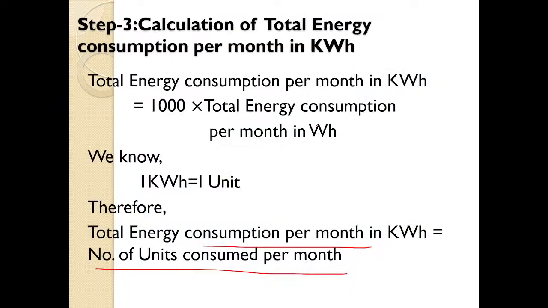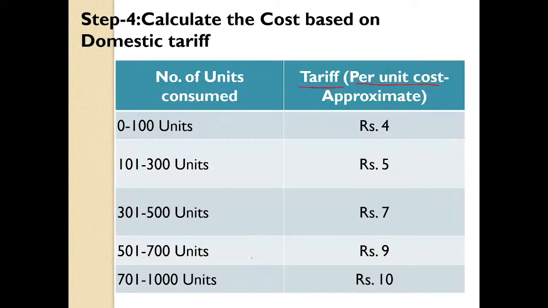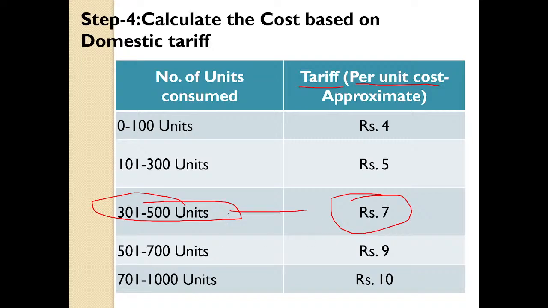We have already calculated the number of units consumed per month, and you multiply it with the rate. If your consumption is around 400 units, that will come under this category, so you multiply by 7 rupees the number of units consumed per month.